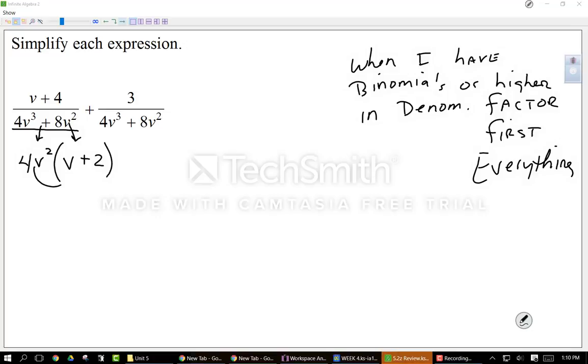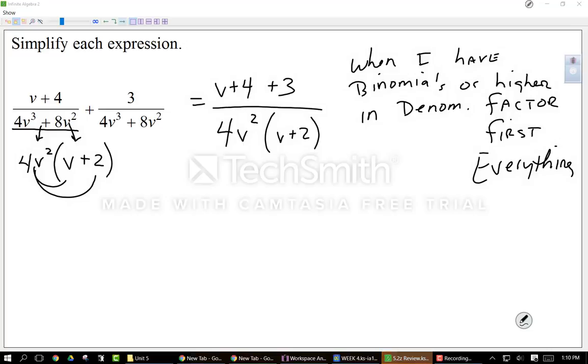If I distribute, I get what I started with. That is the goal. So my denominator here is going to be 4v squared times v plus 2. My numerator is v plus 4 and then plus the 3. So now combine terms up top, v plus 7 over 4v squared times v plus 2.